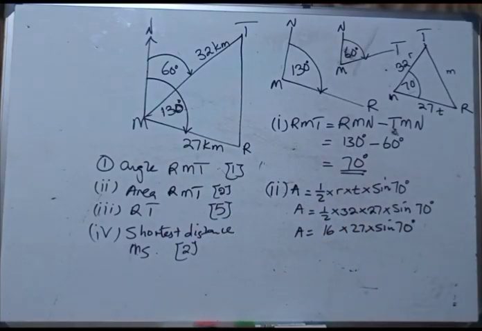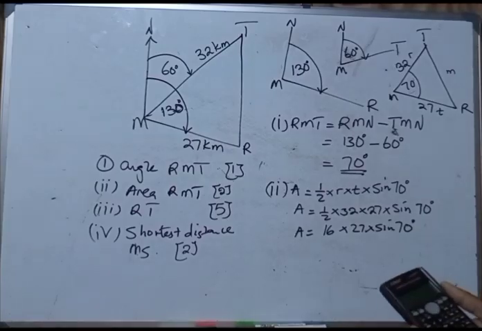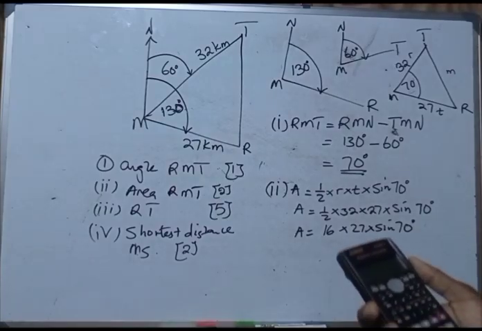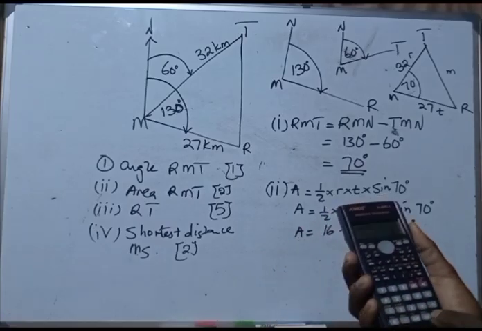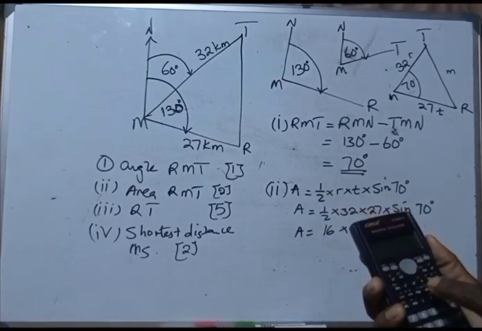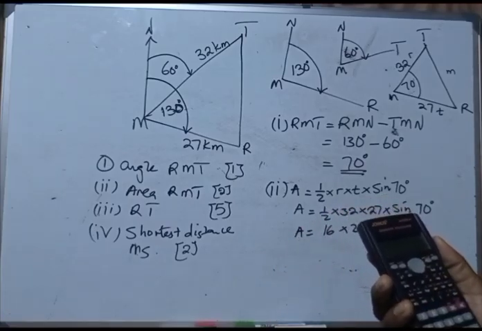I have had such experiences with my students where they will say sine 70, then they're getting something else. So make sure your calculator is in degrees. So you will say 16 multiplied by 27. Thereafter, you multiply it by sine 70.